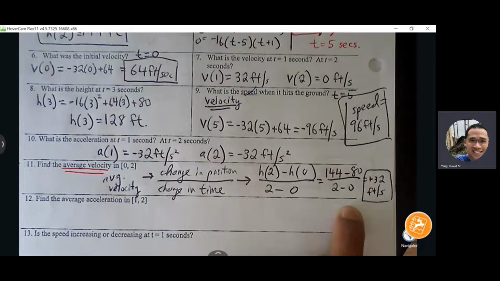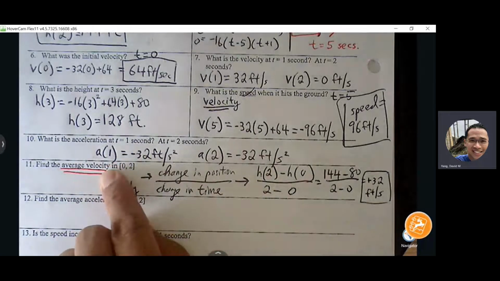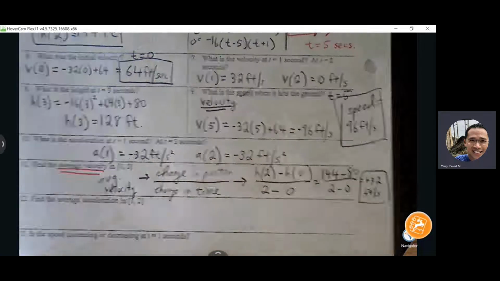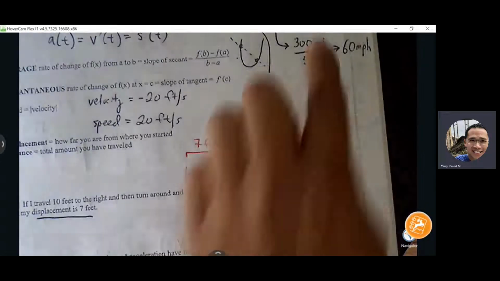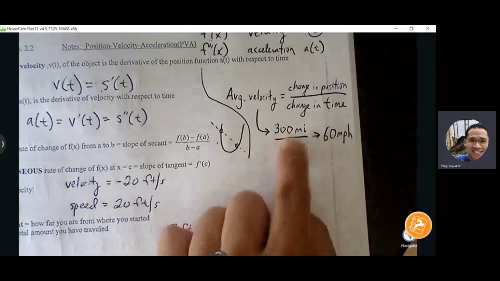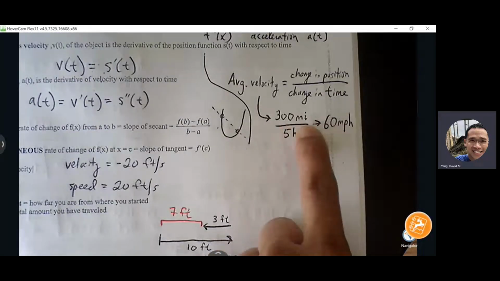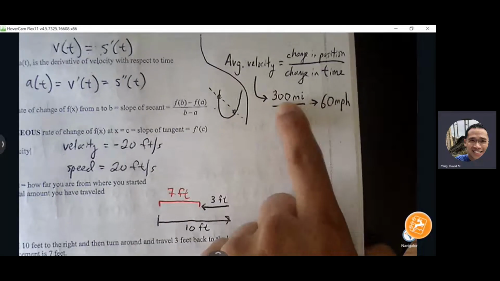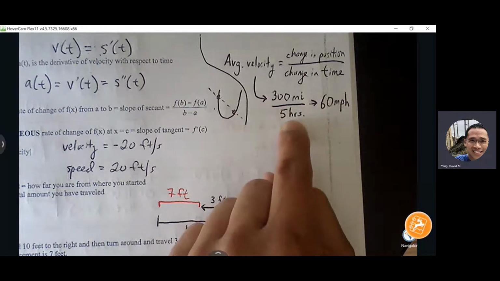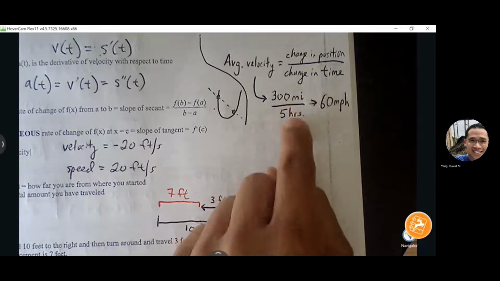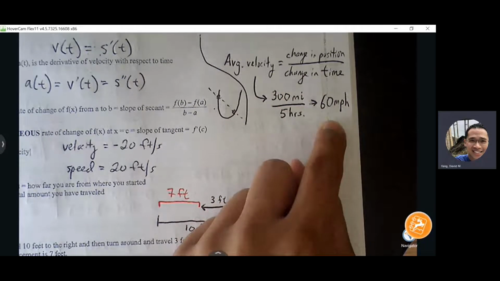So we're really not dealing with velocity if we're trying to find average velocity, right? Same thing with the example I gave yesterday. If you're on a road trip that spans 300 miles, and you take 5 hours to get there, you divide those two and you get 60 miles per hour, right?